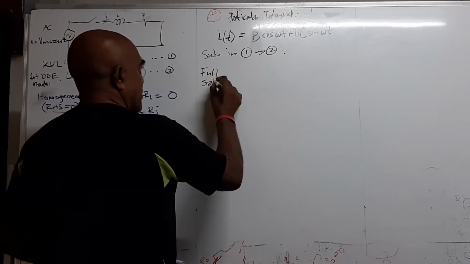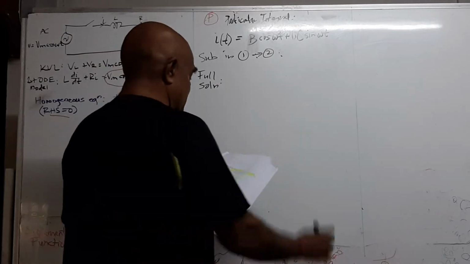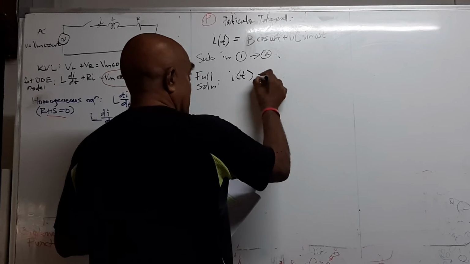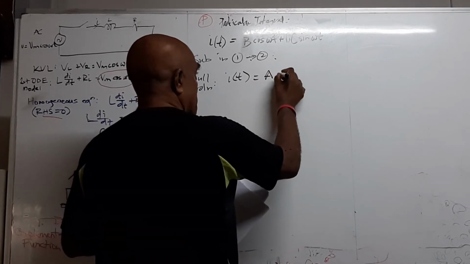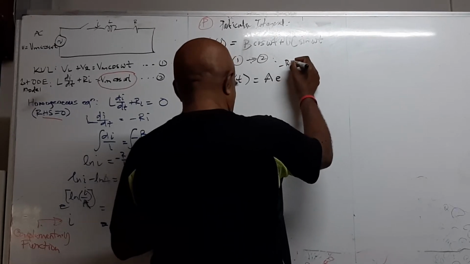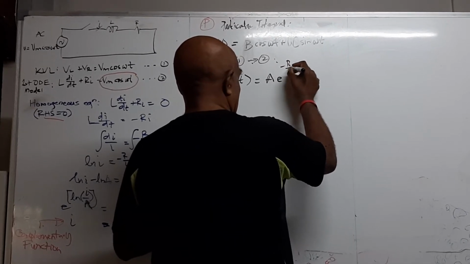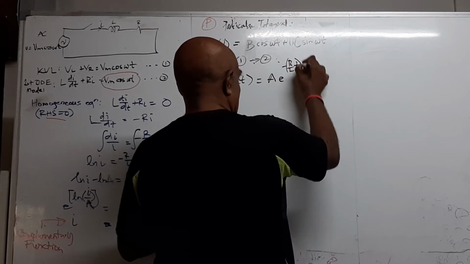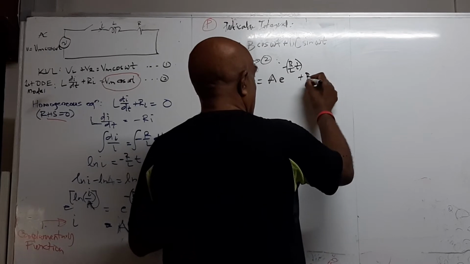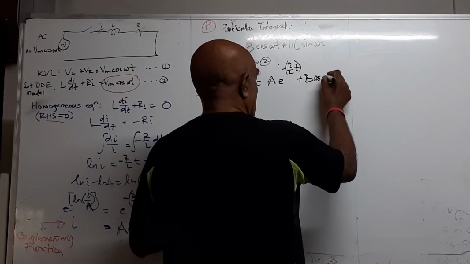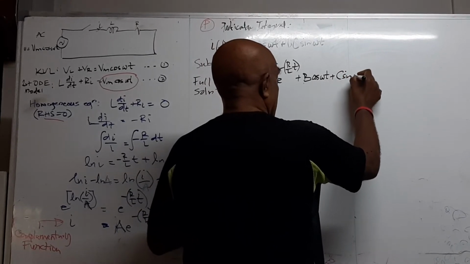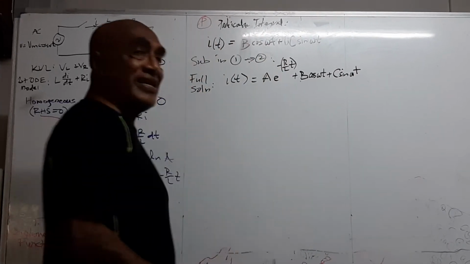And the answer that you'll get is what is given there as your full solution. The full solution is i of t is equal to A times e to the power of negative R over L t plus B cos omega t plus C sine omega t.